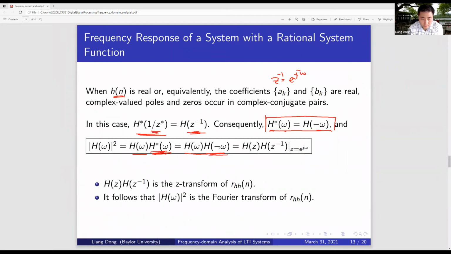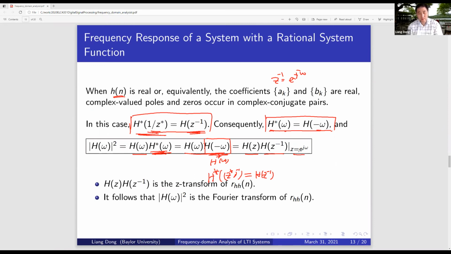Because this part is my H(omega) conjugate, we can represent that using z, which is z conjugate to the power negative 1. This part is equal to H(z to the power negative 1), according to the line here. Therefore, I can write it as H(z) times H(z to the power negative 1), when z is evaluated on the unit circle.